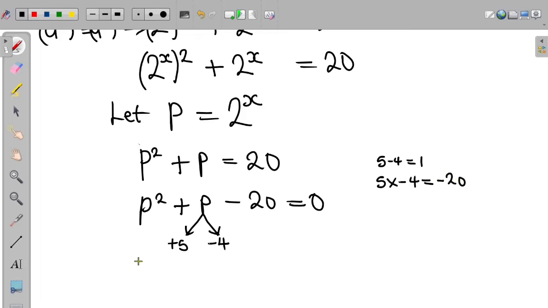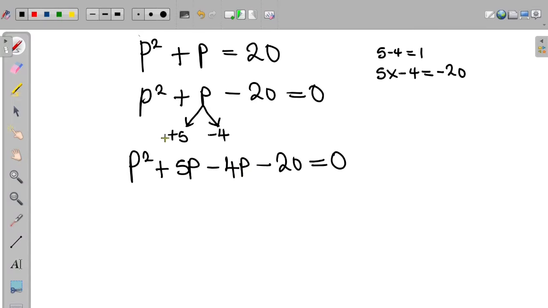So therefore, we have the equation to become p squared plus 5p minus 4p minus 20 equal to 0. So we can factorize by grouping terms. So therefore, from the first bracket, p is common. So we can factor out p.